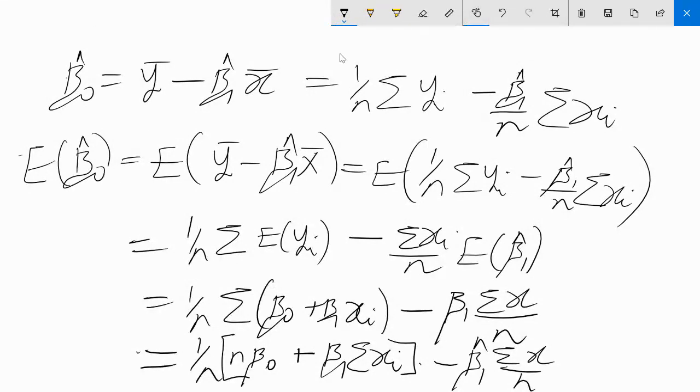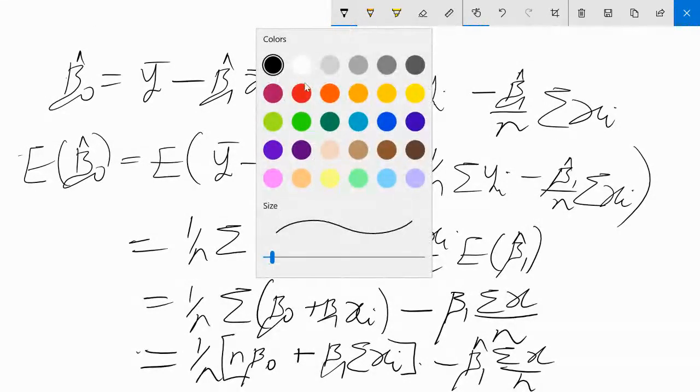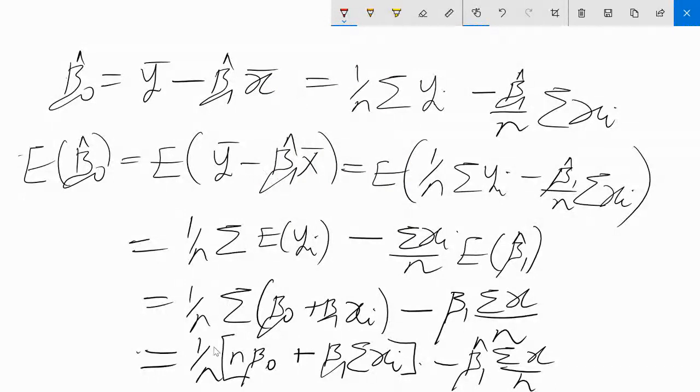Now, I want to do something here. Let me use a different color. So we're going to bring in this 1 over n to multiply all these terms in the brackets. So the 1 over n is going to cancel with this n and we will be left with beta 0, plus beta 1 multiplied by summation of xi over n.